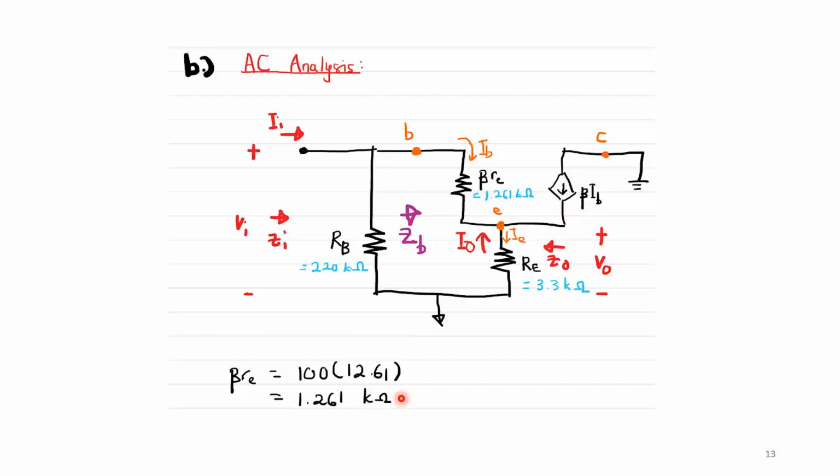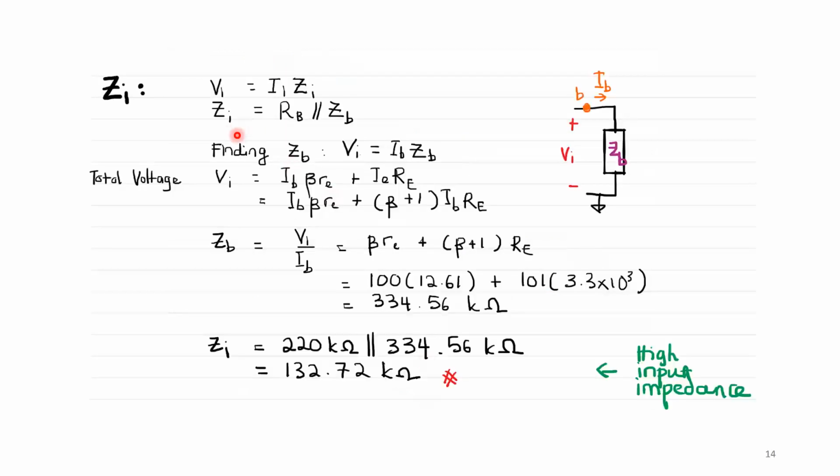So beta re is 12.61 kilo ohms. To find Vin, this is just the handwritten version of what was given on the slides a few slides before, just to show that the thought involved is not difficult. It's just looking at it from a different point of view.